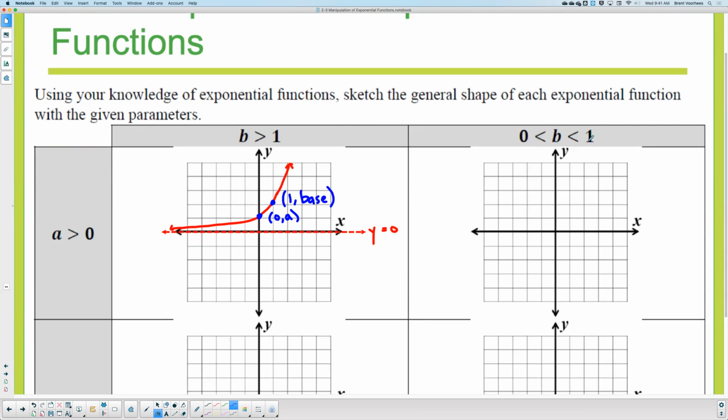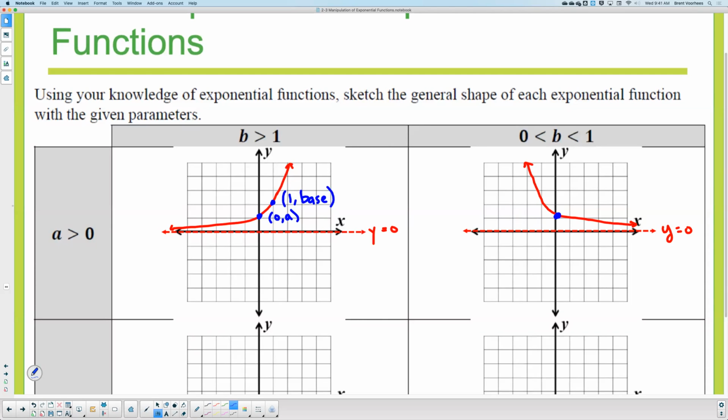Let's now do this one. What's happening when your base is between 0 and 1? It's decaying. Okay, so this time, draw your graph coming in this way. Like that. Once again, add that asymptote at y equals 0. Okay, and we're going to add those 2 points.